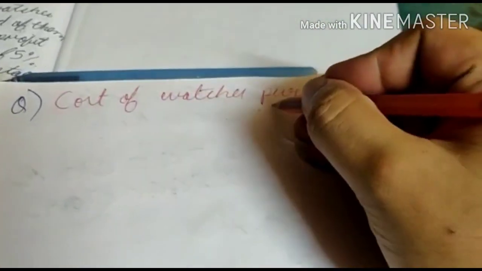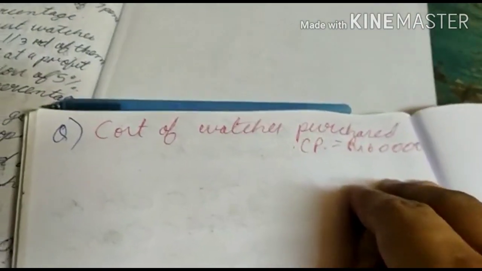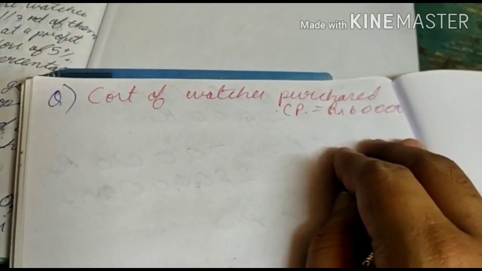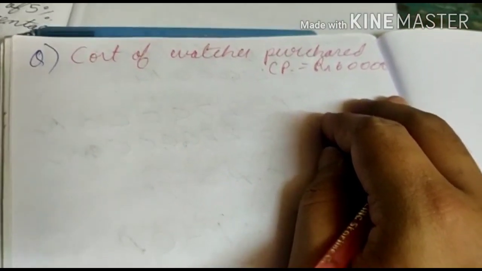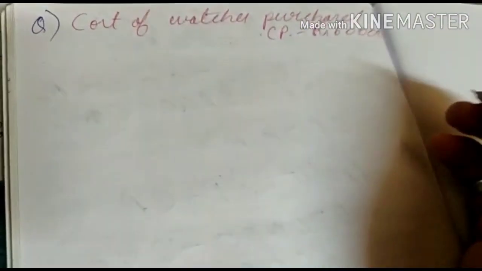So this was its CP. He bought it for that, and further he will be selling. So now we will find its SP, and then further we will see what we are getting.